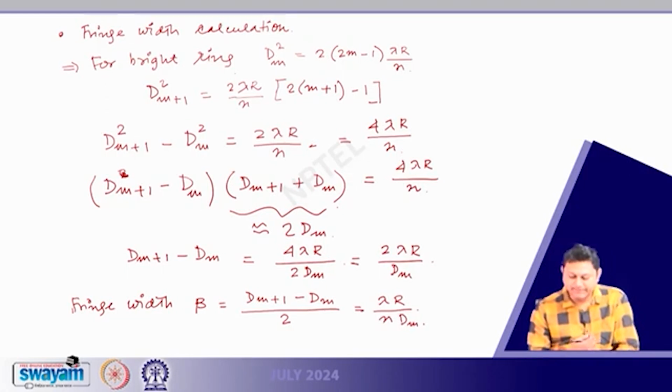Again, you can see that beta is inversely proportional to the value of dm. That means if I go to the higher order fringe, then the beta value will reduce compared to the lower value of radius.